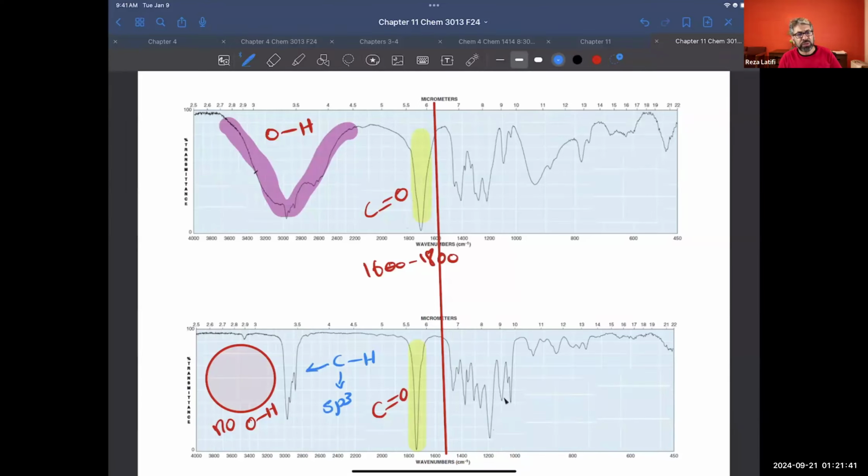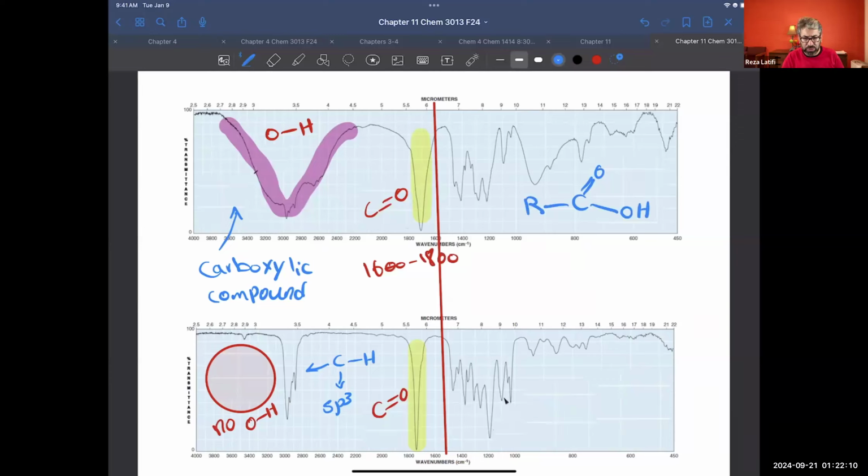So the top molecule has OH and also a carbonyl group, and the second one has just a carbonyl group. The first one can be a carboxylic compound, a compound that has a carbonyl group and OH attached to something.